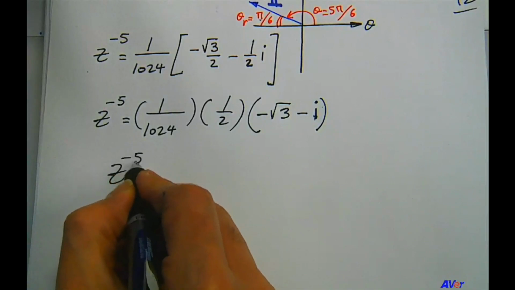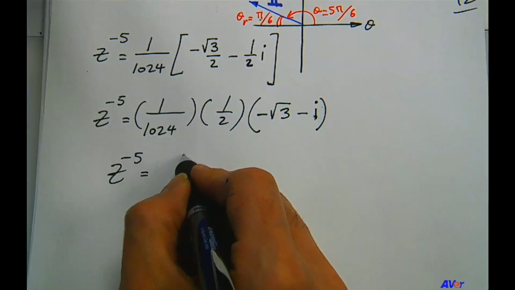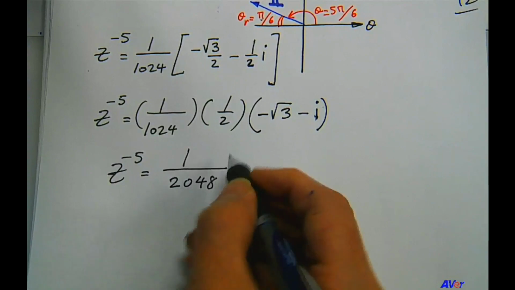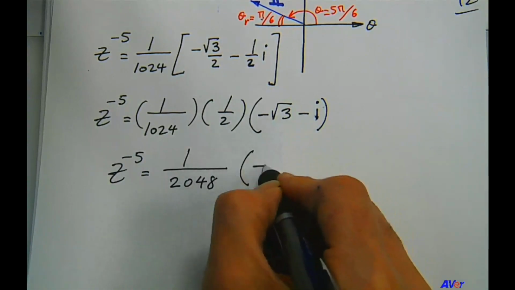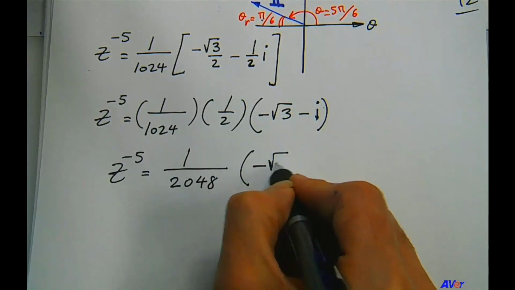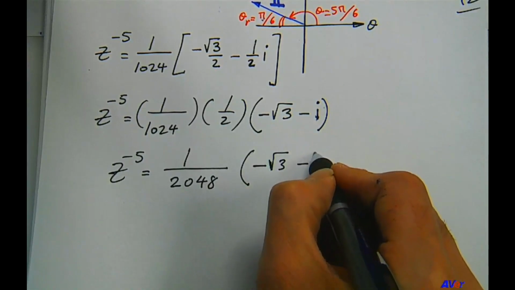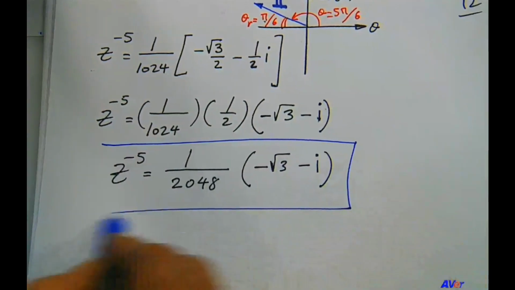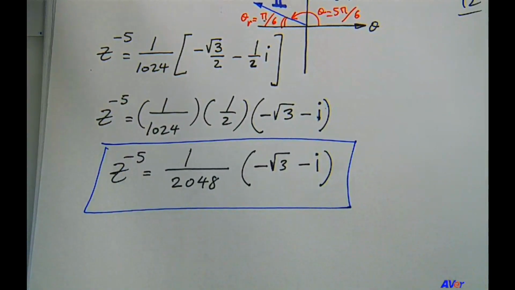So z to the negative 5 power is going to be 1 over 2048 times negative square root of 3 minus I. And this is our final value there.